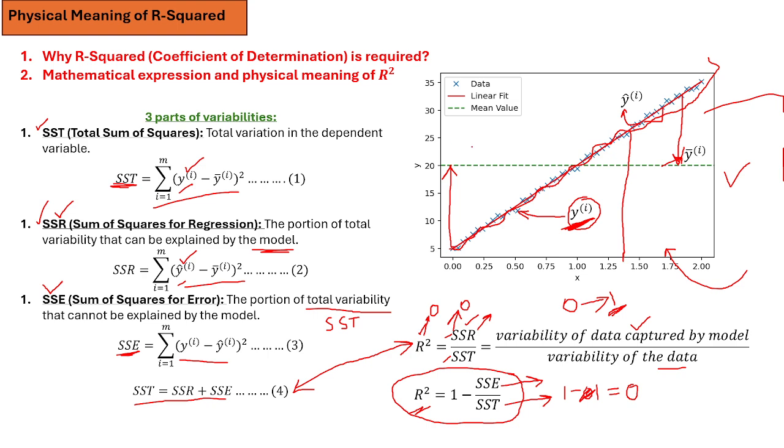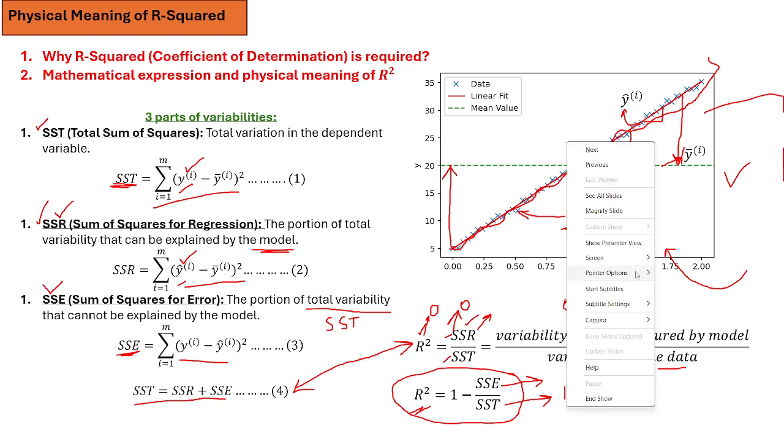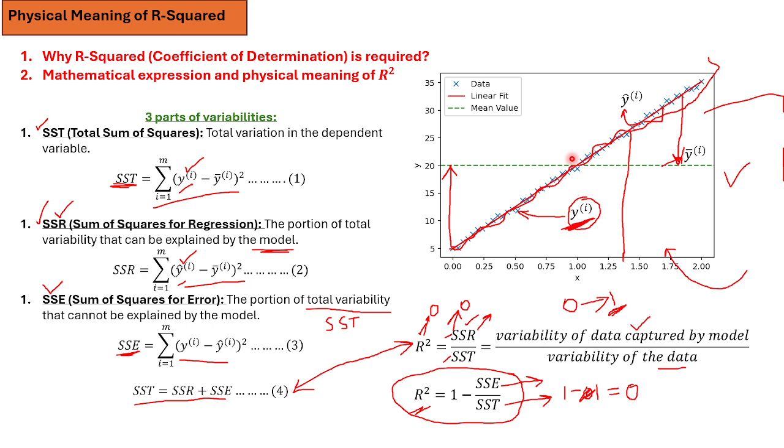Now, another interesting case is our linear fit. This one is going really through the data set, but it could also happen that the linear prediction line was way off, so it went through way up above or way below.